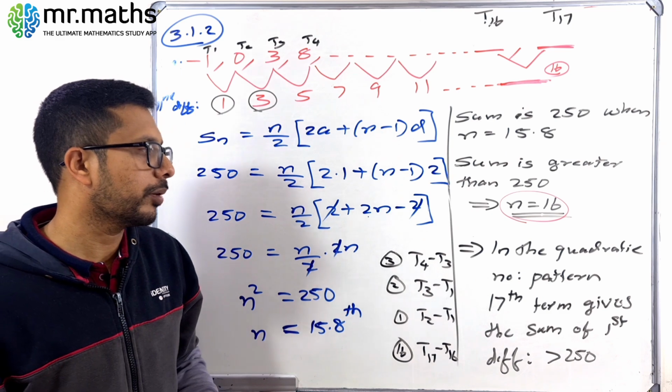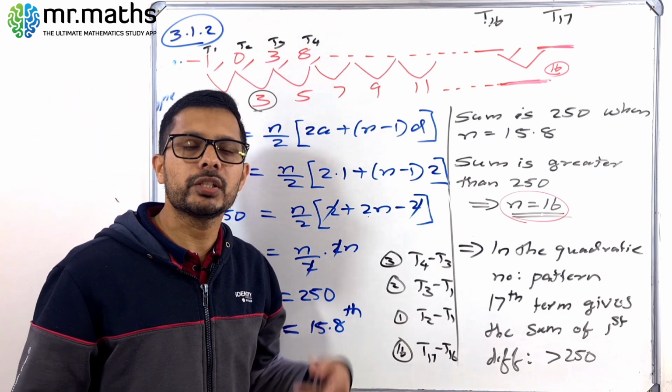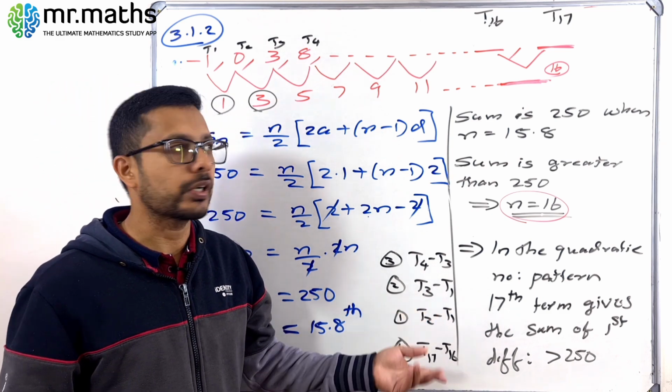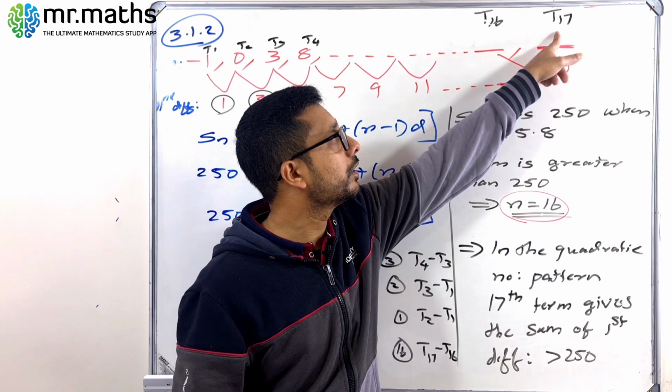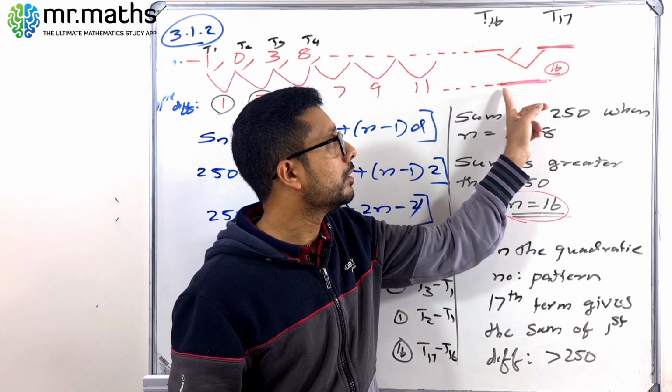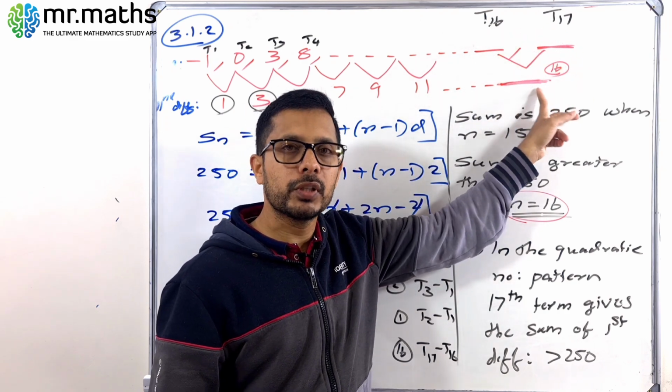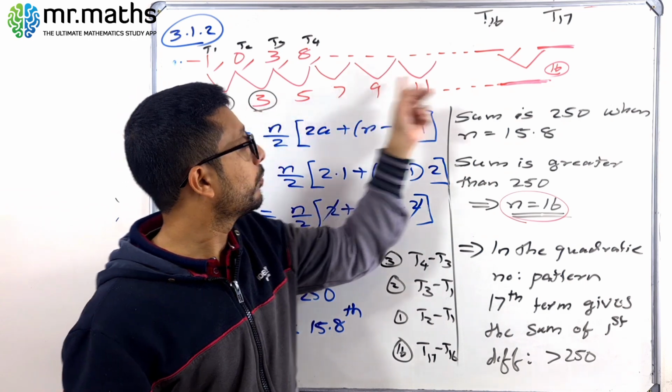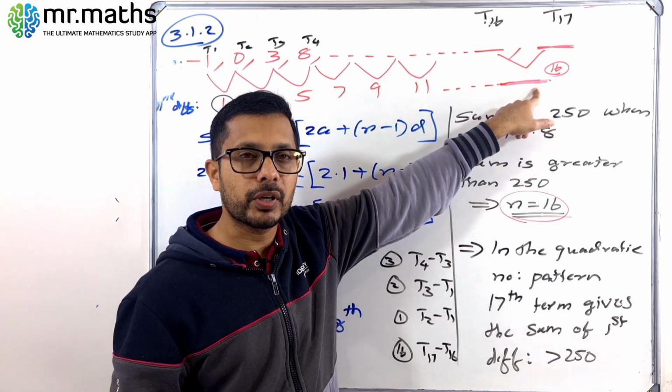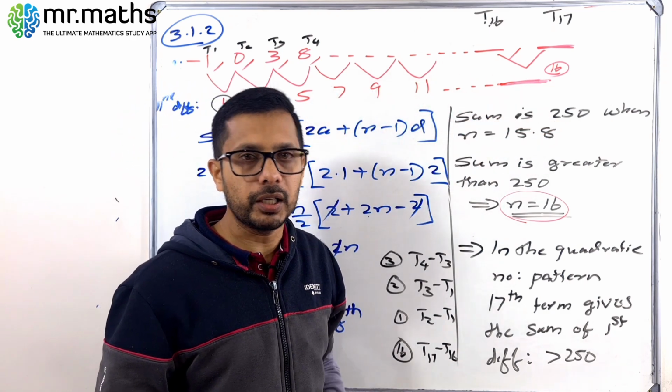So in the quadratic number pattern, 17th term gives the sum of the terms of the first difference greater than 250.